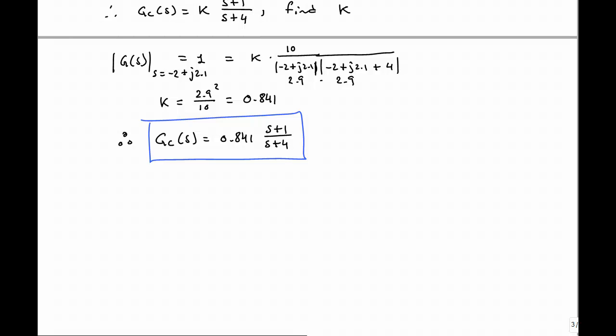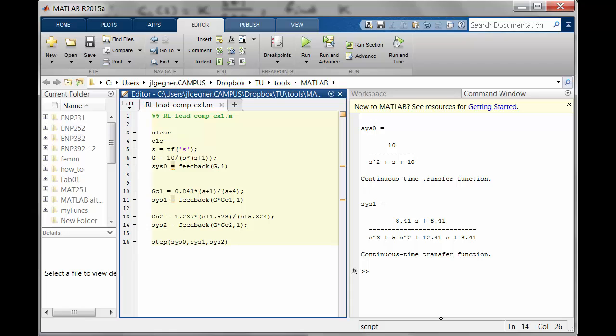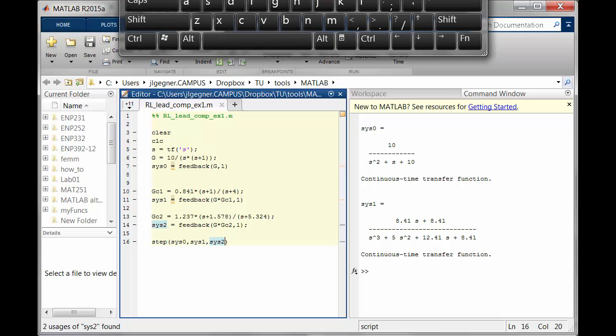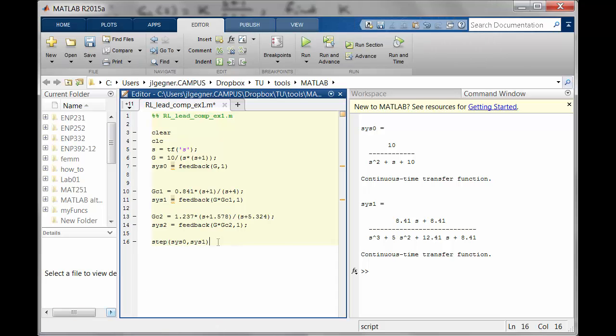Now we need to check whether or not our system really does behave as desired. So I have a MATLAB script here. I have the original system, which is 10 over s times the quantity s plus 1, and sys0 is just the closed loop system involving no compensator, just the plant.